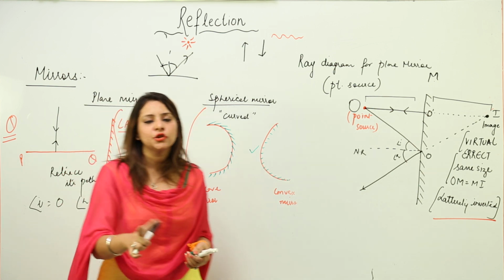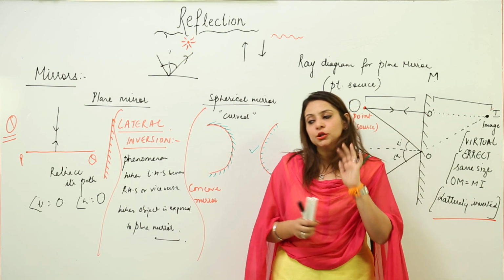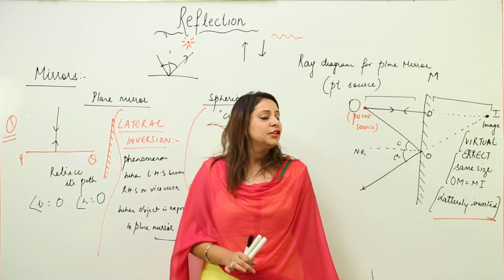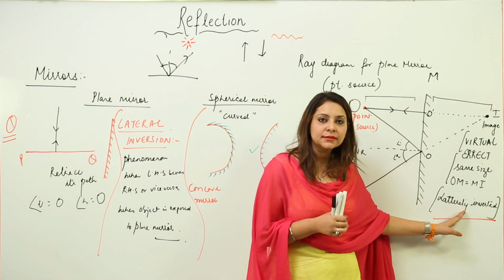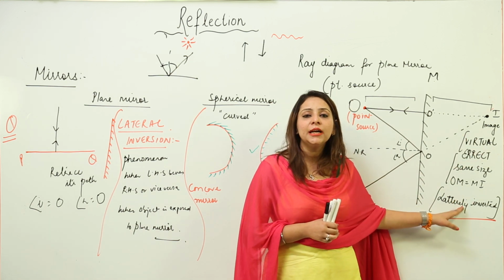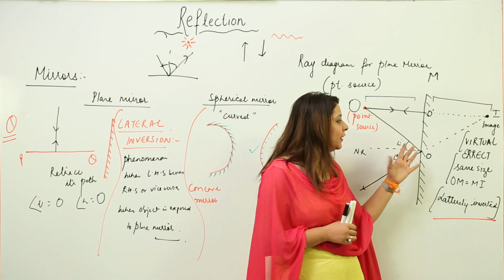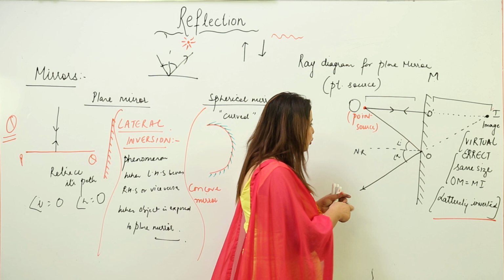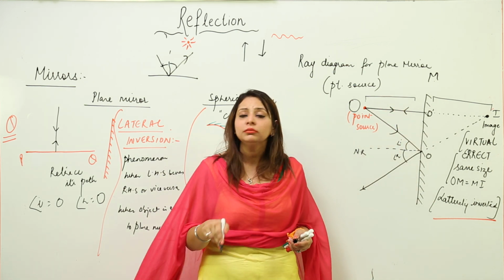So whenever you get a question like this, that draw a ray diagram for the plane mirror, there is no need of writing a big paragraph, just draw a figure like this, and don't forget to mention these 5 characteristics. These are very important. A ray diagram without the characteristics is an incomplete answer. If you draw a ray diagram and do not draw arrows like this, as I pointed out, then your ray diagram is just going to get a cross.